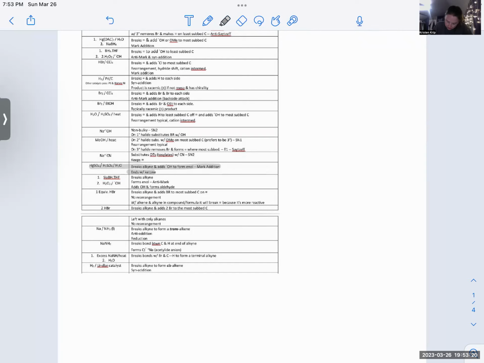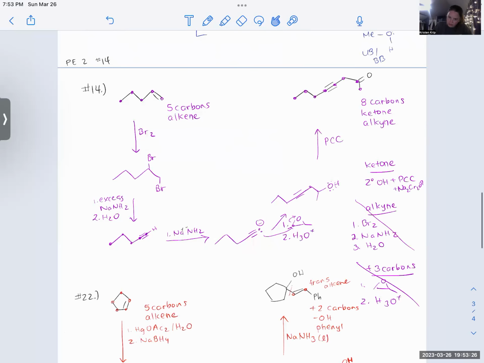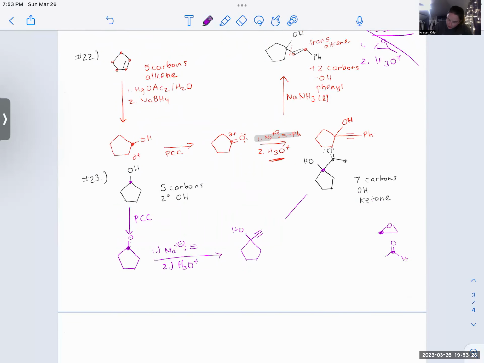That's actually what we're going to use. So to get from here to here, we use H2O, HgSO4, H2SO4. And it ends up with a ketone. So awkward, but it works.